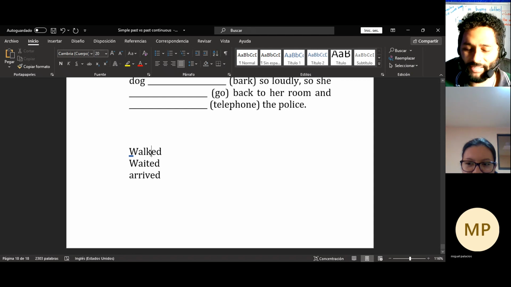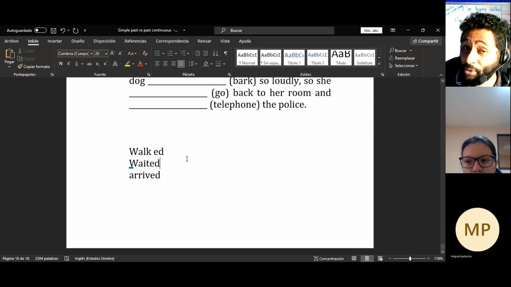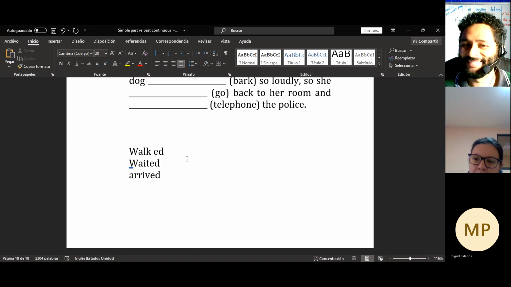It depends on the phoneme you have before de la ed. En este caso, ahora digo sonido, ¿no? El sonido que tienes antes de la ed es una K, ¿no? El sonido de la K. Ahora, ahí se vuelve relevante un tema que es los sonidos que le llaman voiced y voiceless.